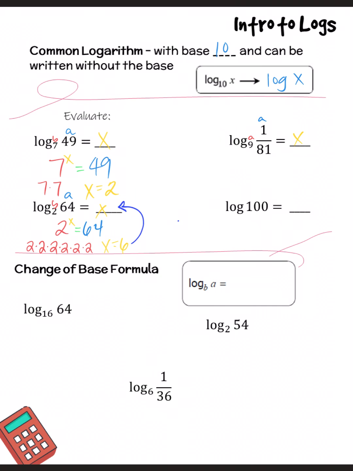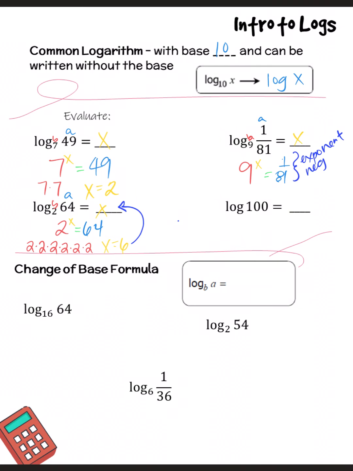This one over here, log base 9 of 1/81 equals x. Remember that if we've got a fraction here, that means our exponent is a negative number. We're still going to do the same thing.